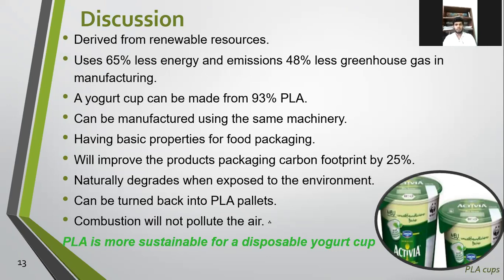They use less energy in manufacturing. As well as PLA cups are environmentally friendly. And also, PLA cups have basic properties for food packing like other plastic cups. So we think PLA is the most sustainable alternative for disposable yogurt cups. Shall we move to the next slide?